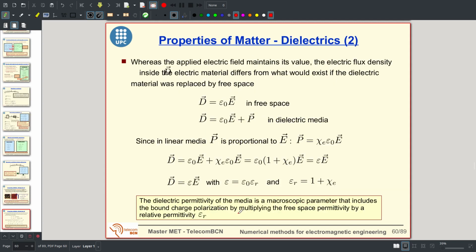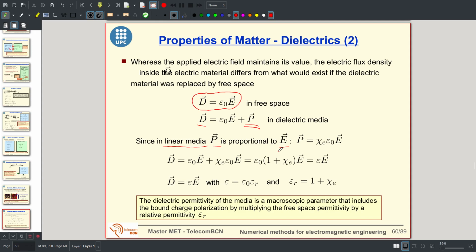This polarization vector produces electric field. So we have to take into account this effect, and since we define the displacement vector equal to epsilon 0 times the electric field in free space, in a dielectric medium we have to add the polarization vector to compute D. In linear media the polarization vector is proportional to the applied electric field, not the external field but the overall field, which is the external field plus the induced field due to the dipoles.